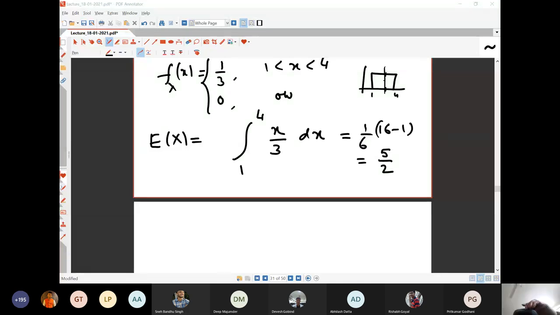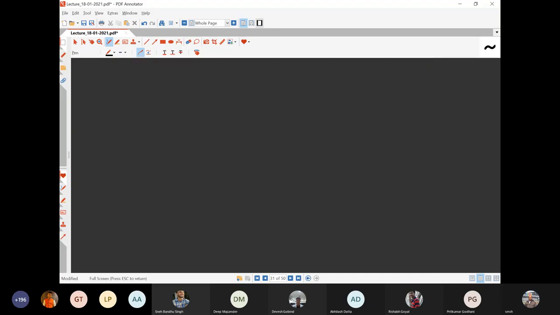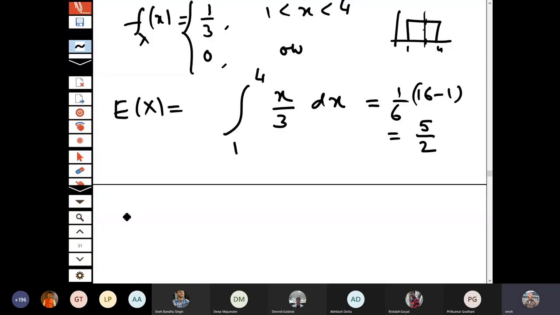So for example, if I look at this one, this is another object here, and if I try to look at the balance point, then it may be something like this. Somewhere here it may come. So let us look at, say for example, 2x for 1 less than x less than 2, and for 0 less than x less than 1.